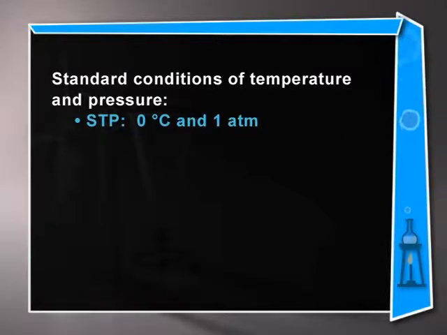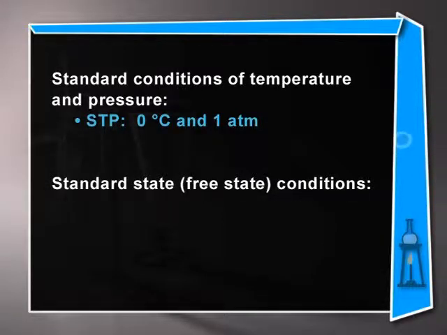Molar volumes of gases were referred back to these conditions. You know, our old 22.414 liters per mole. For equilibrium constants, they use what are called standard state conditions, sometimes called free state conditions. The only difference is that the temperature is 25 degrees Celsius instead of 0. These are basically room conditions.